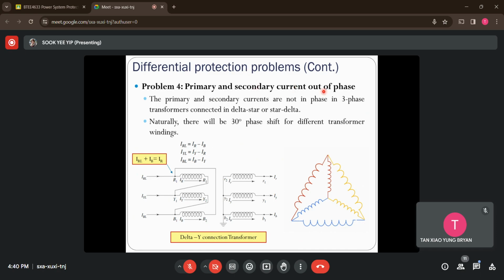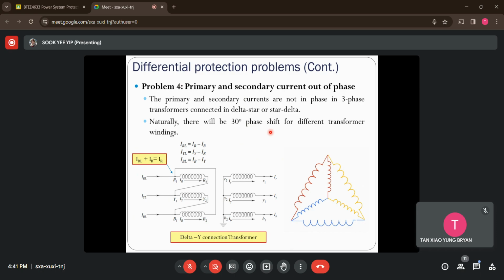So for example, we know we have Y-delta connections: if you have the primary side with Y, secondary side with delta, or reversely, primary side with delta, secondary side with Y, with these combinations of different connections for the three-phase winding, it will always give you a 30-degree phase shift for the measured current.